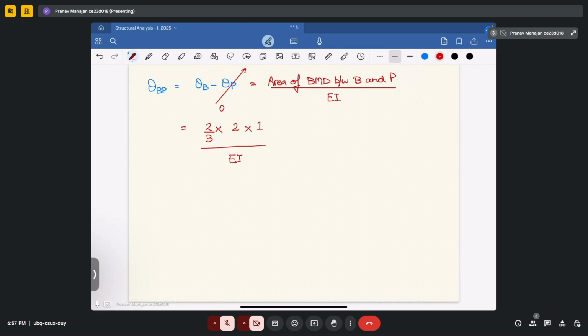It will give you 4 upon 3 EI. Fine. So this implies your slope at B will be equal to 4 upon 3 EI. Fine. Let's move to another problem.